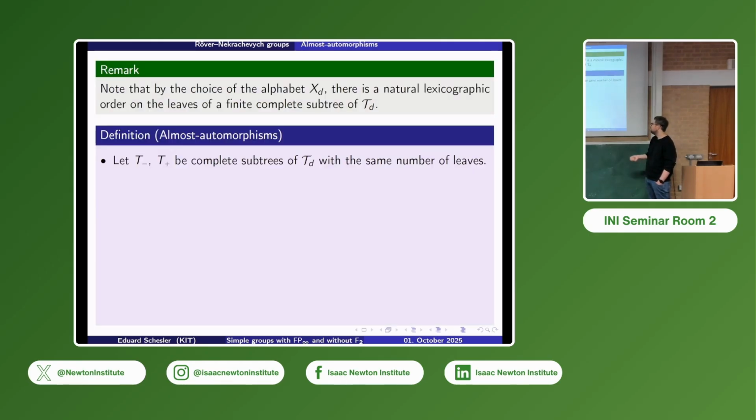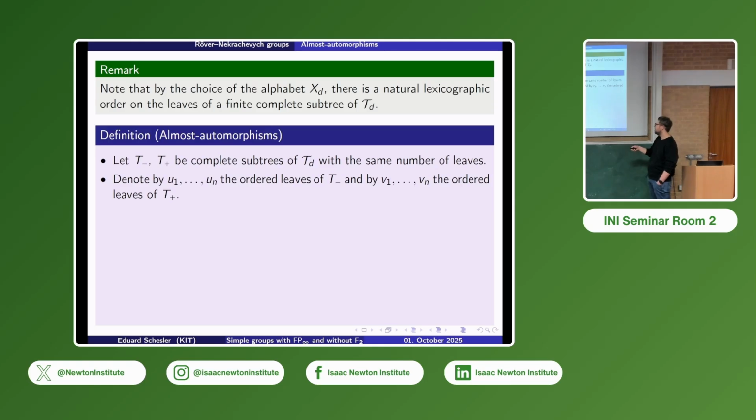Since now we have to define almost automorphisms, we first need to fix two complete subtrees of T_D. They must have the same number of leaves, say n leaves. We have fixed two complete subtrees, T minus and T plus.